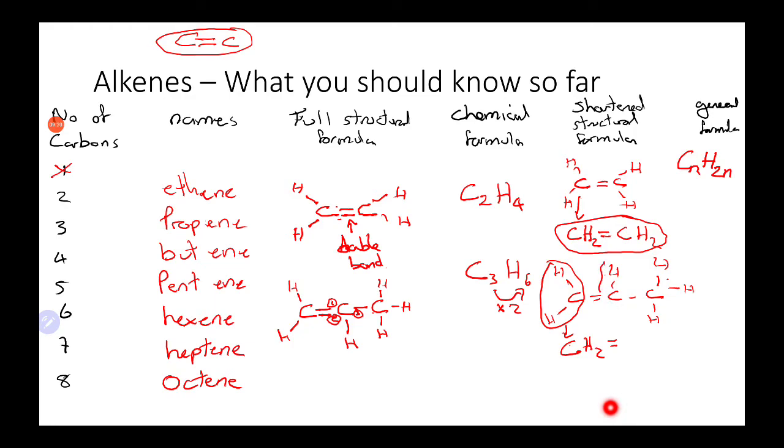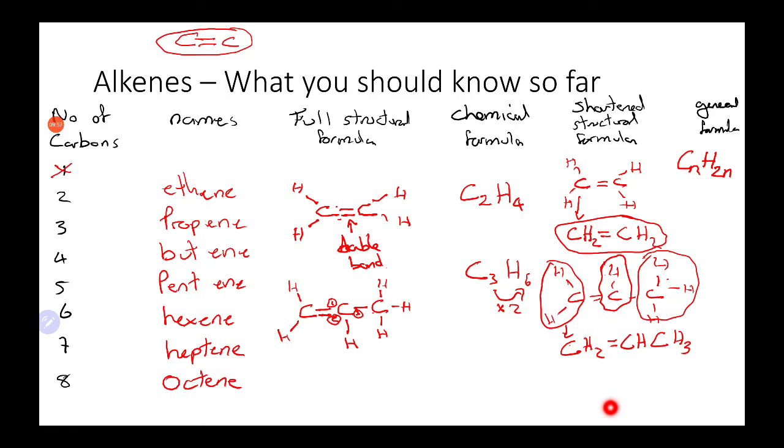That carbon has only got 1 hydrogen, CH. This carbon has 3 hydrogens, CH3. Because that's a single bond, we don't need to show that, so we just write them next to one another. And that's what a shortened structural formula looks like. You can do that for any number of carbons. It's very straightforward. Just condense it down, don't show the bonds.